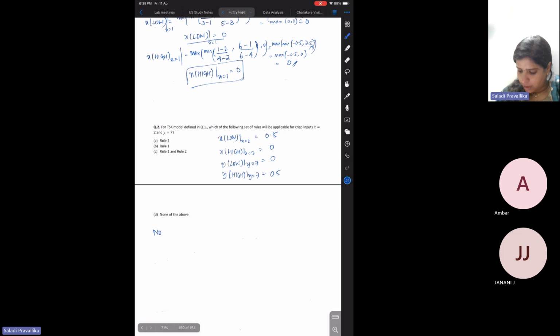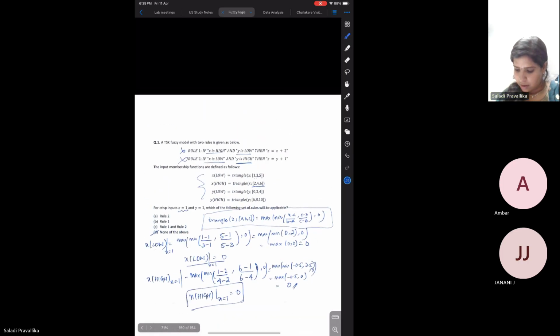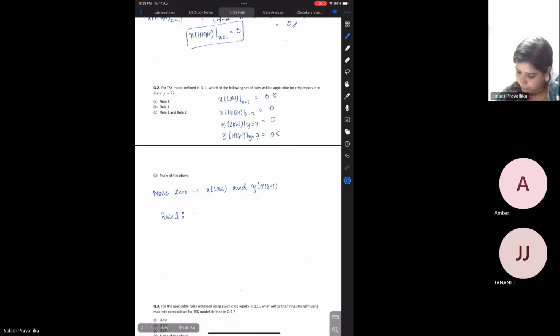So the non-zero values are x low and y high. The rules that we were given are rule 1, if x is high and y is low, then, okay, let us just say some consequence.